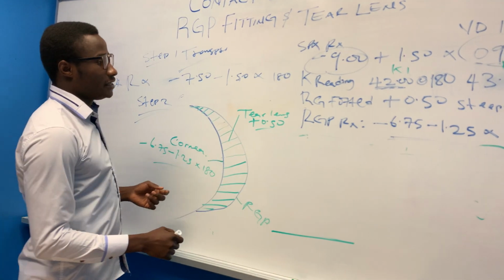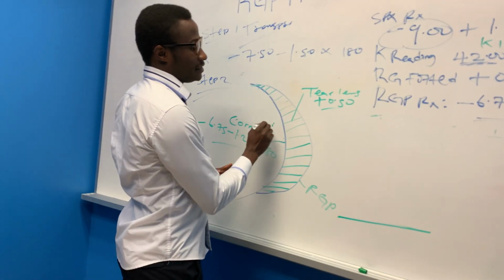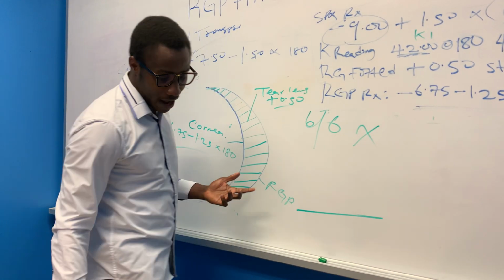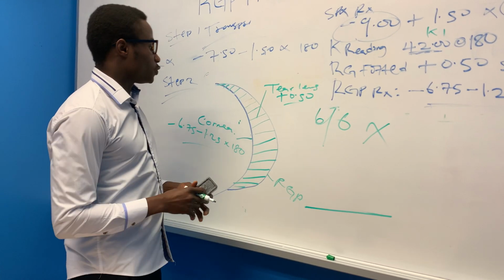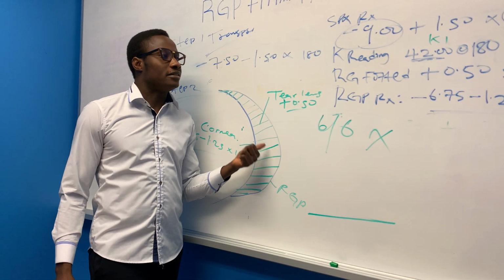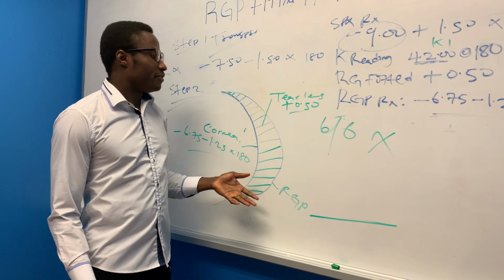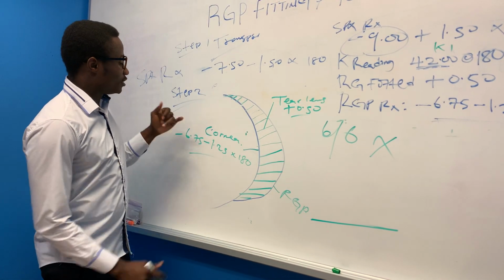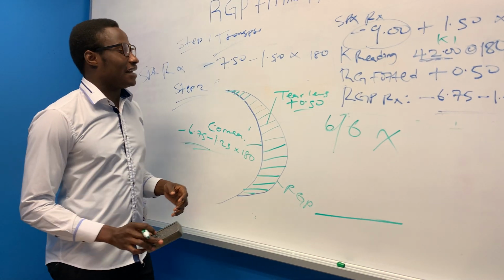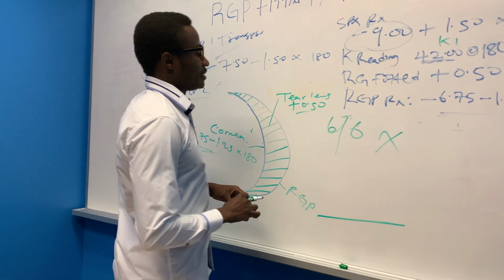Do you think if I fit this Rx on the cornea, this patient is still going to see 6/6? The answer is no. Why? The reason is because we are creating a tear lens here, which is 0.50, which we need to compensate for the patient to get to this Rx. I know it may be quite confusing, but I think after I do 2 or 3 videos, some persons are going to understand what I mean.